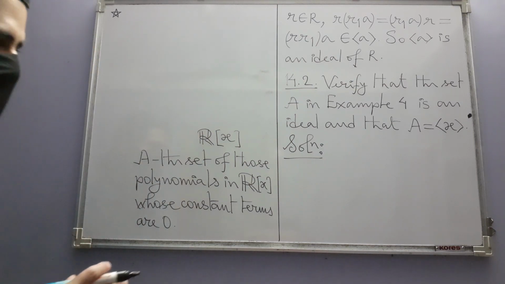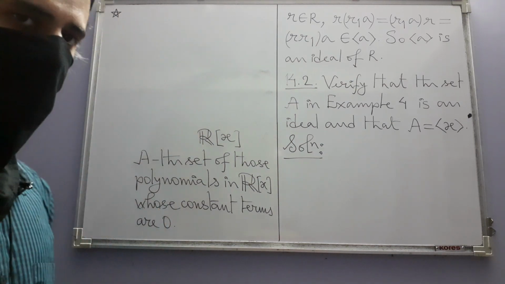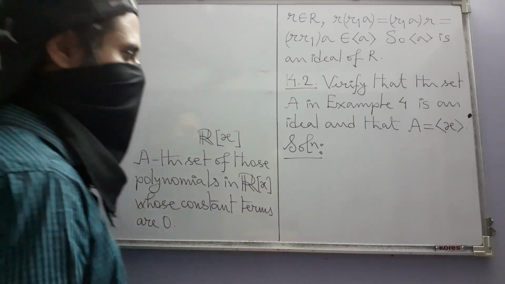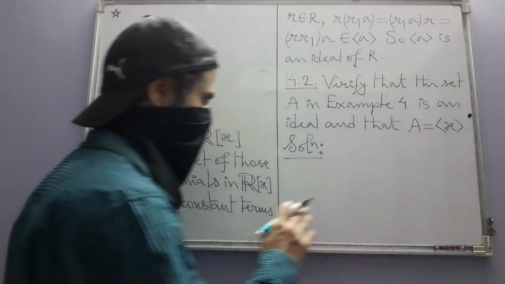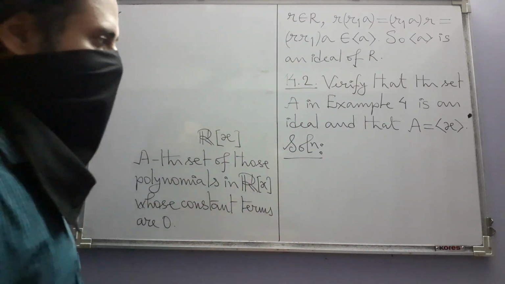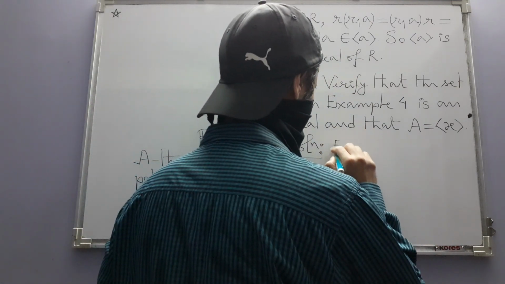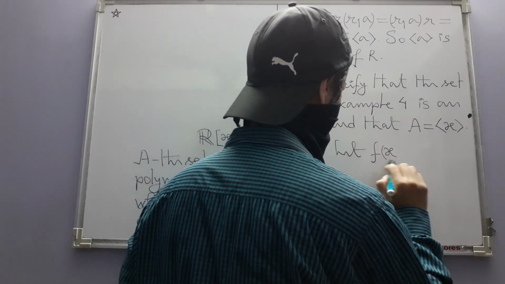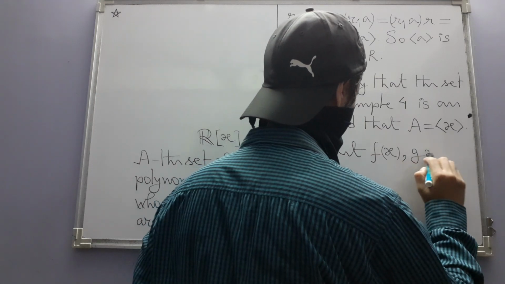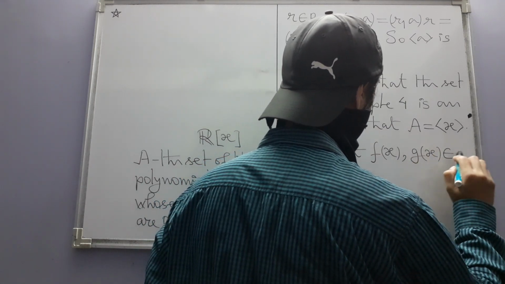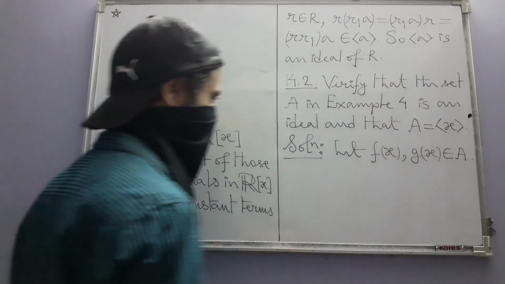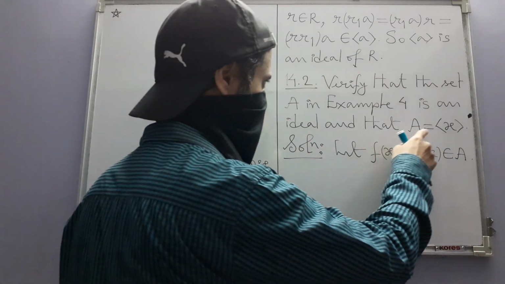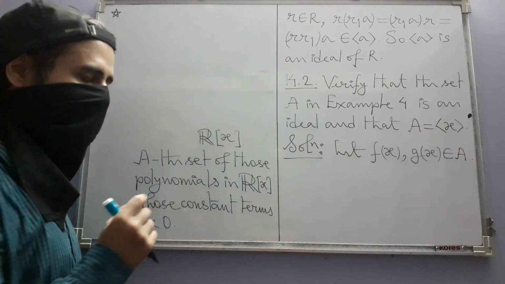Now we have to verify that A is an ideal. Obviously A is non-empty, and let's not mention that, okay, it's understood. So we straight away go to the conditions for an ideal. So let us consider two real polynomials in A, and additionally, after showing that A is an ideal, we have to show that it's actually this, which has a name also, no?